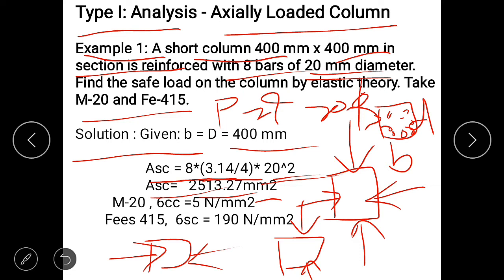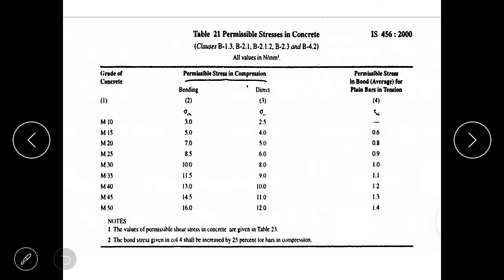The grade of concrete is given as M20 and the grade of steel is Fe415. So we have to find sigma cc, the direct concrete stress, and the steel stress.